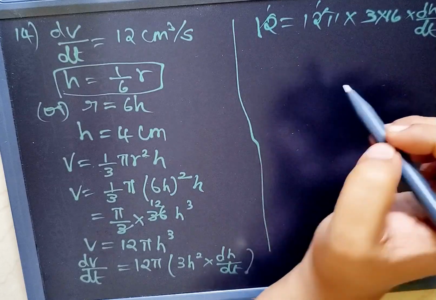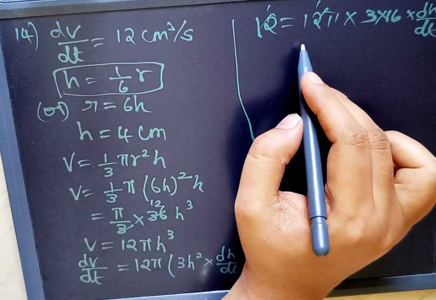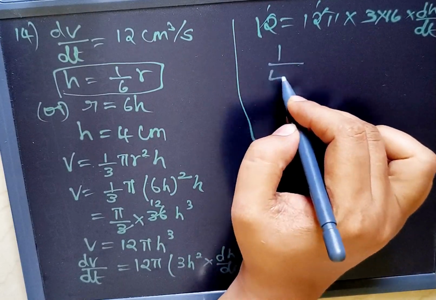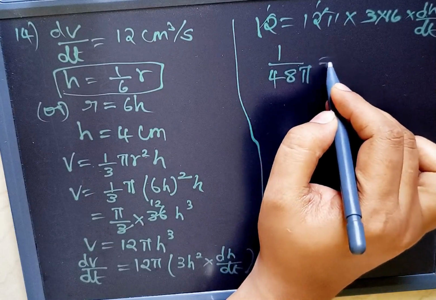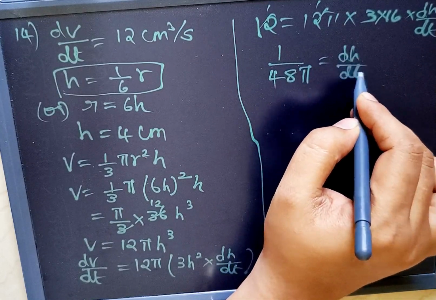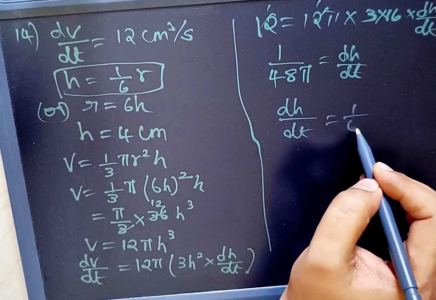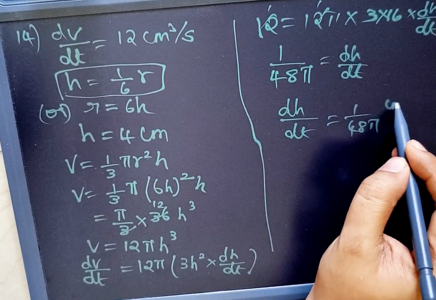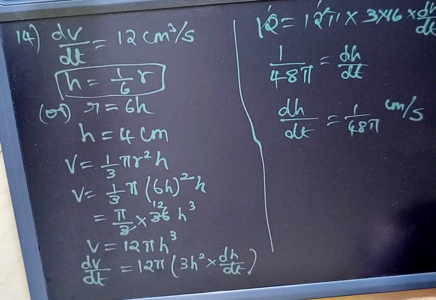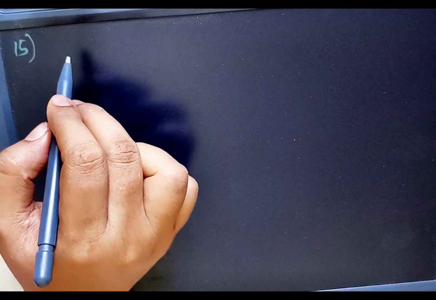Taking this 3 into 16 to the left side, it is 48. So 1/(48π) equals dh/dt. The units: h is centimeter, time is seconds, so dh/dt is 1/(48π) centimeter per second.